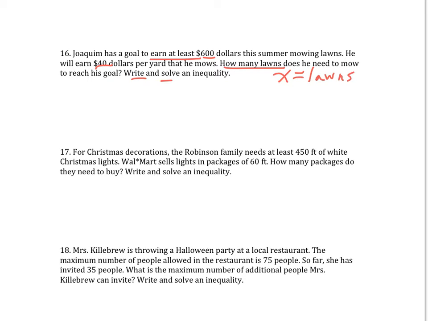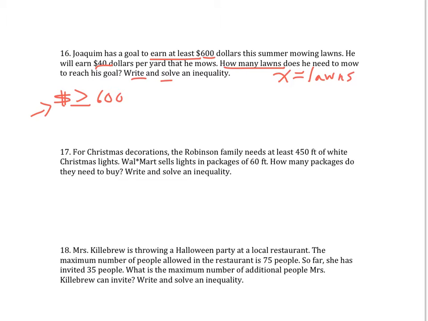All right, so I think the best way for me to think about it is to look at this first sentence. Joaquim, the money he makes, he wants it to be at least 600. He wants it to be bigger than 600. So then the question is, how do I find out how much money he's making?